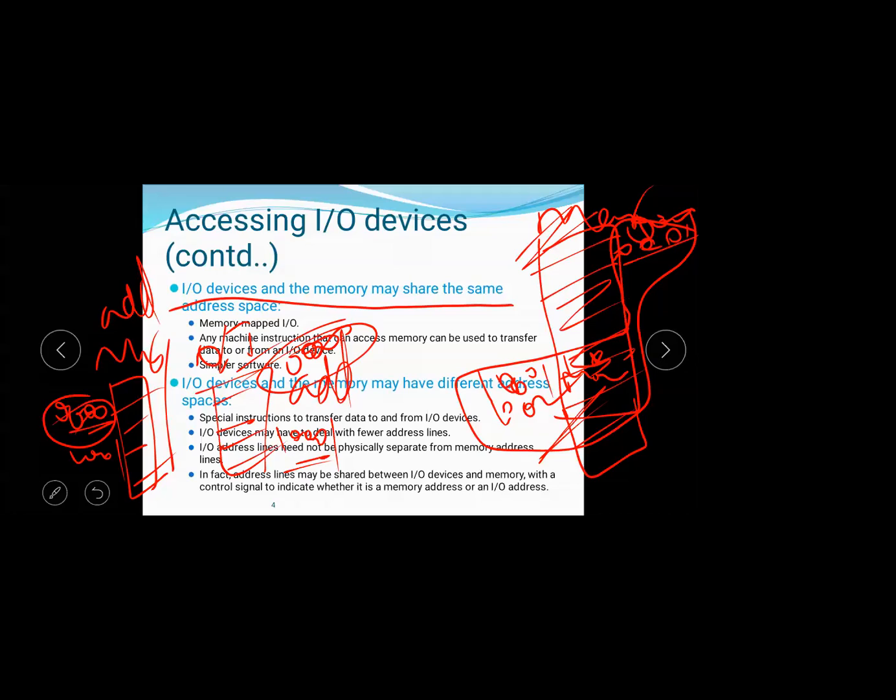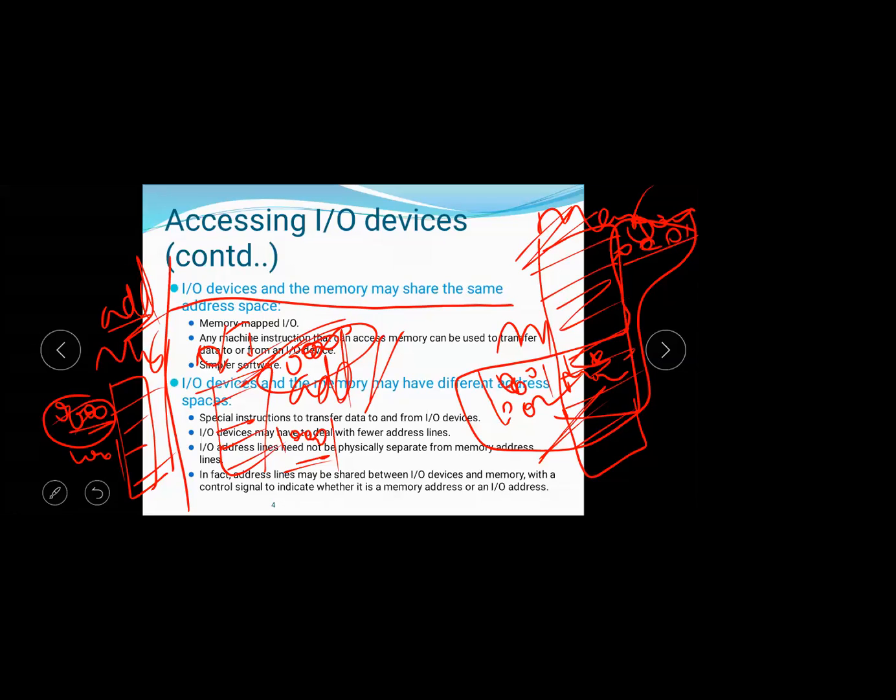In memory mapped IO, there is no chance of giving the same address to the memory unit and the data in register, because it is the same address space. Whereas in IO mapped, the memory unit address space and the IO device address space are both separate, and there may be a possibility of the same address being given to the memory unit as well as IO devices.